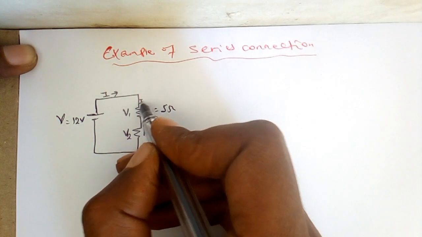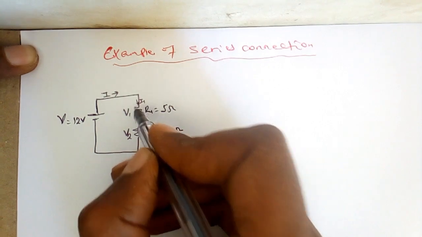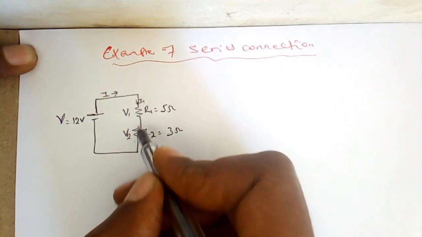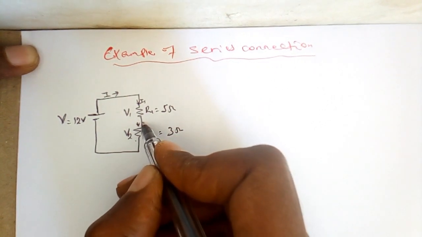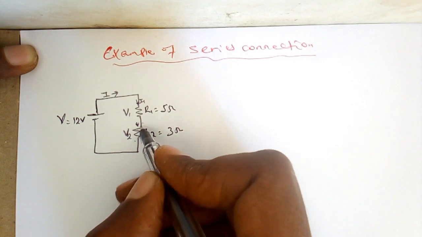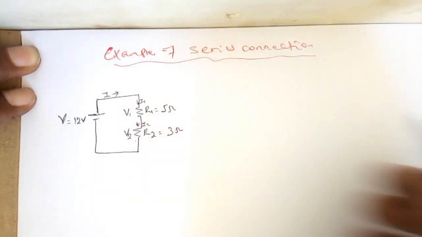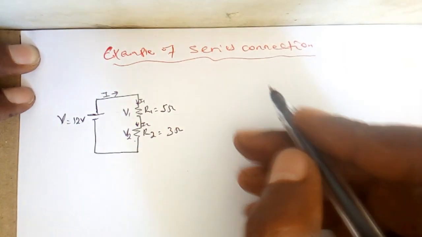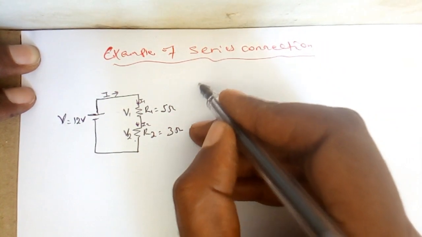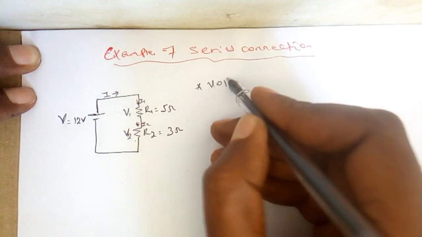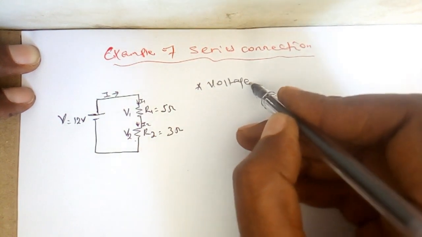The current flowing through R1 is I1 and the current flowing through R2 is I2.